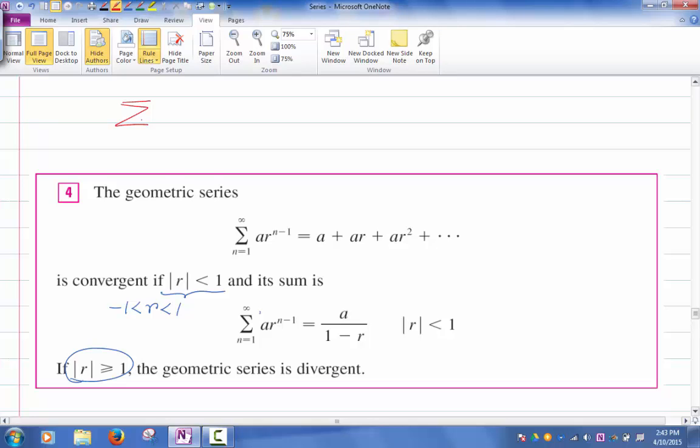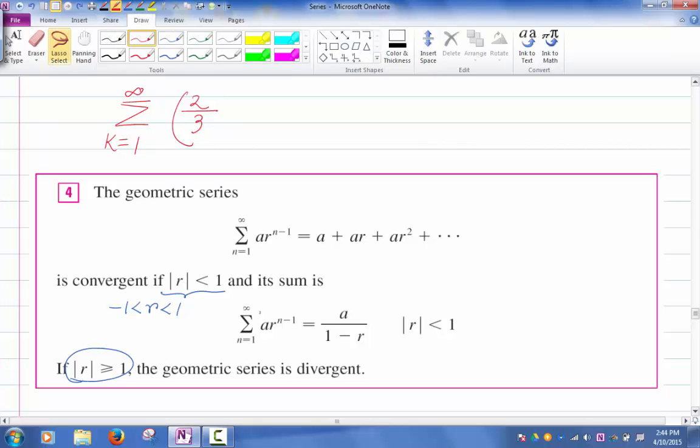So this is, let's say, k going from 1 to infinity. Let's take a geometric series. Let's say 2 divided by 3. You know what? Let me first use a simple case here.